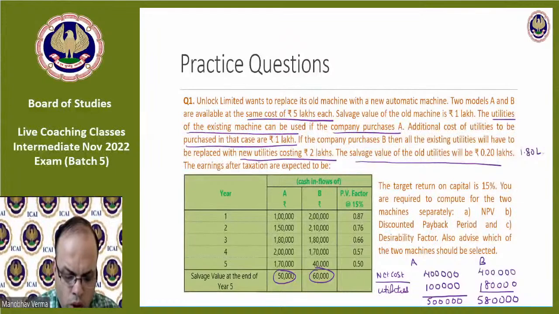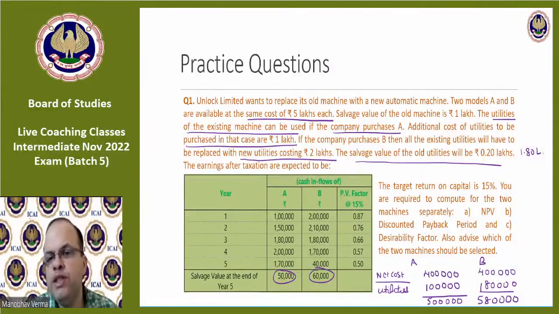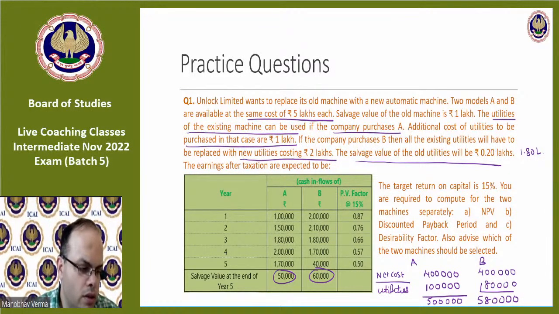I think you got 4 lakh 80,000. I probably feel that the existing utilities will be sold in the case of machine B, not in machine A, right? Am I correct? Smita, is it okay now? Great. So I think everyone is on the same page. I think the only tricky part in this question is this much only, right?